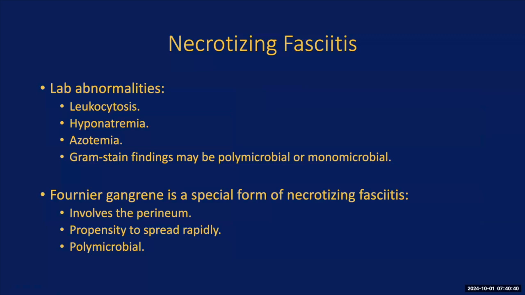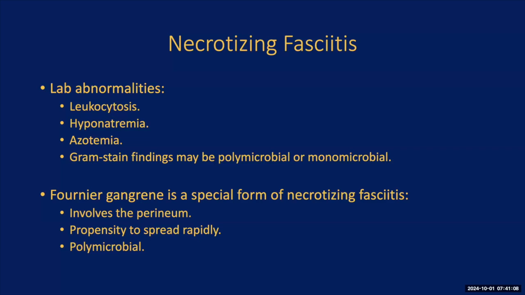Now, I mentioned that there sometimes may be involvement of the perineum, and so Fournier gangrene is a special form of necrotizing fasciitis, and it involves the groin area. Because of how the anatomy of the skin and soft tissue is structured over there, because the fascia is not as tight as in the rest of the body, there is a propensity for the infection to spread very rapidly.